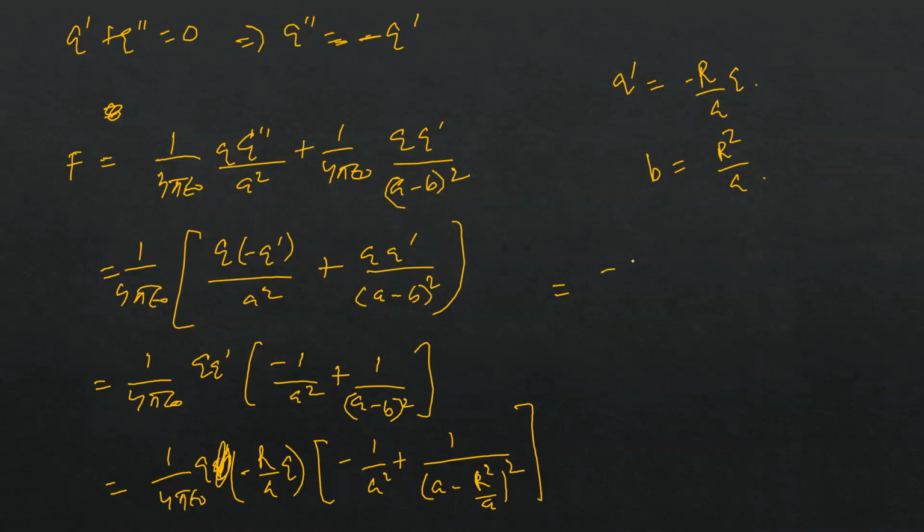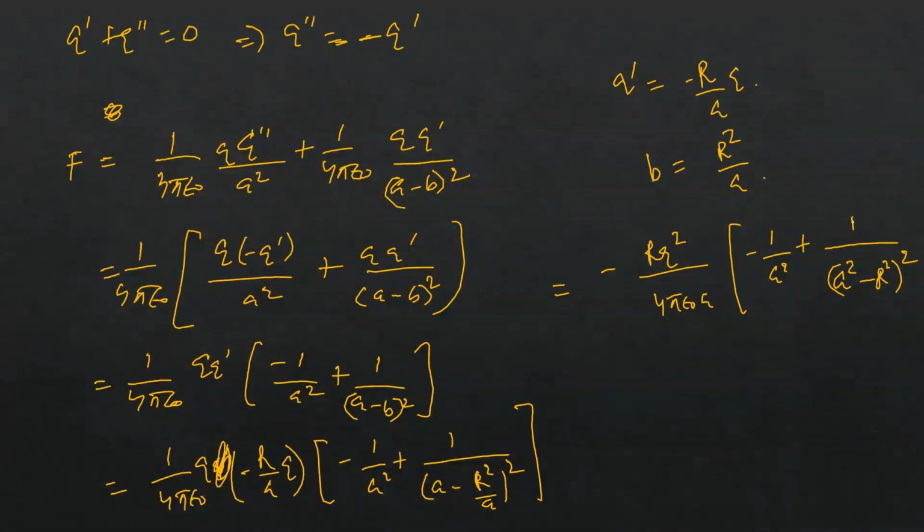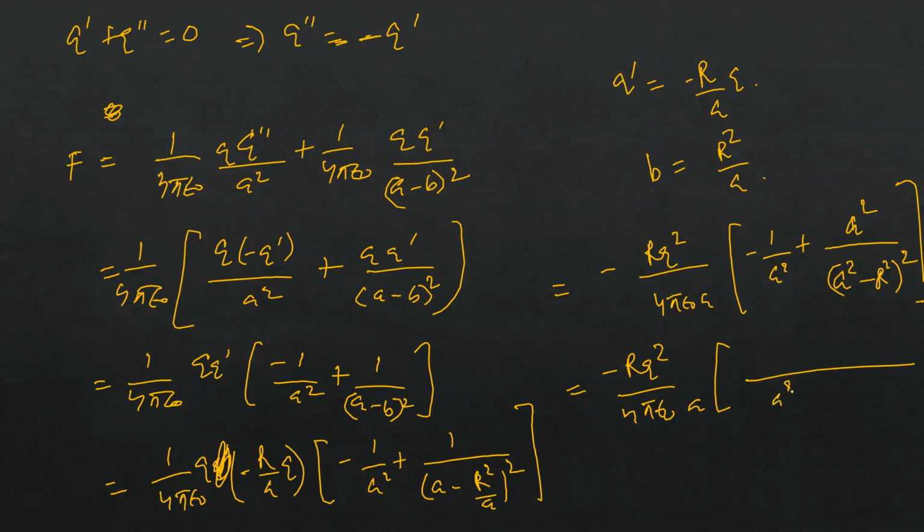So minus r q square by 4 pi epsilon naught a, times minus 1 by a square plus a square over a square minus r square whole square, and a square goes up. So minus r q square by 4 pi epsilon naught a. If you take the LCM, a square whole into a square minus r square whole square, that will be minus r a square minus r square whole square, minus plus a fourth.